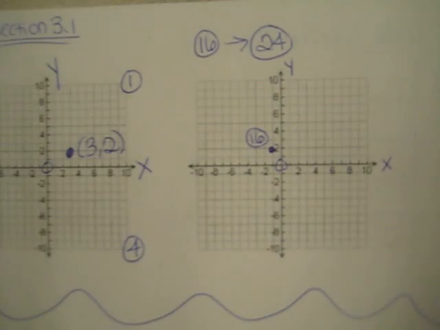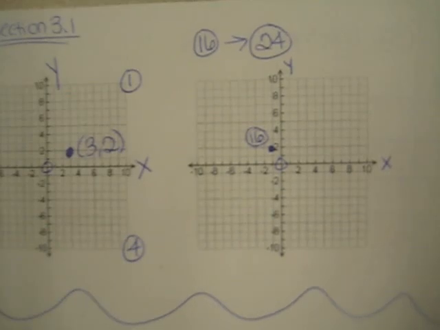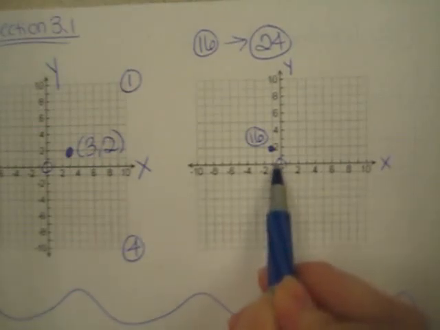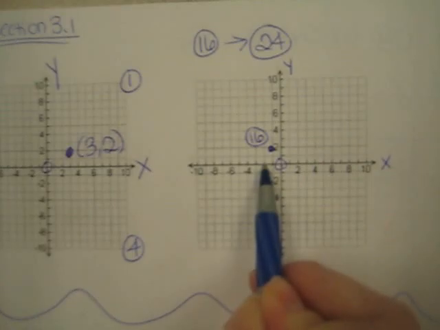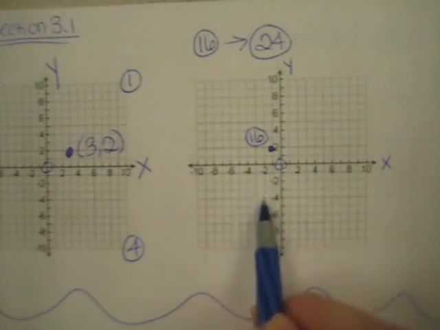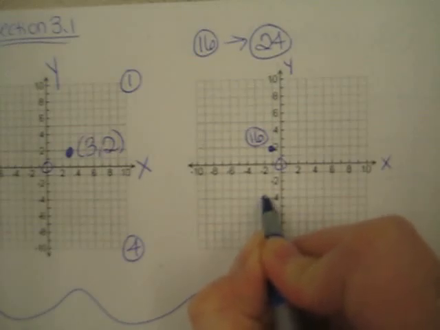Now I have number 20. Number 20's coordinate point, and these questions can be found on page 170, is -2, -4. So start at the origin. I count over to -2. Now since it's -y, I count down along the negative half of the y-axis.